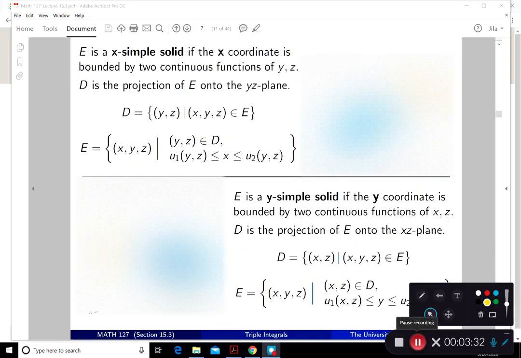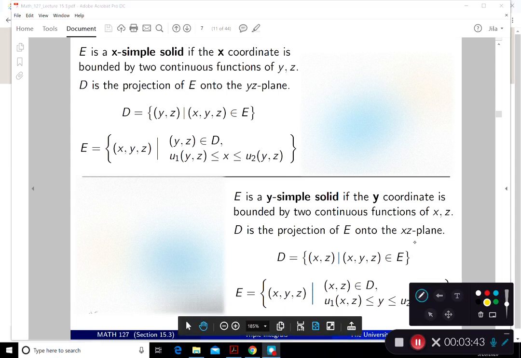Now, how does this work for an x simple solid or a y simple solid? Again, for an x simple solid, you go to the direction of x, and then there should be a lower bound and upper bound in that direction.